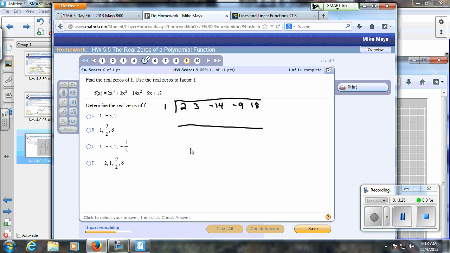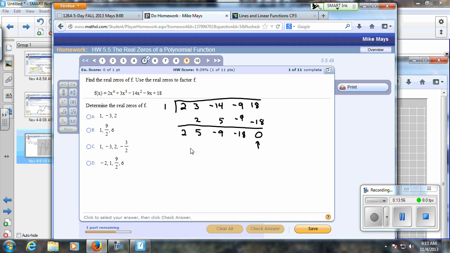So let's just make sure. Bring down the 2, times 1 and add, times 1 and add. That's minus 9 times 1, and that's minus 9 when I multiply by 1 and add, and times 1, minus 18 plus 18 is 0. So sure enough, I ended up with a solution of 0.